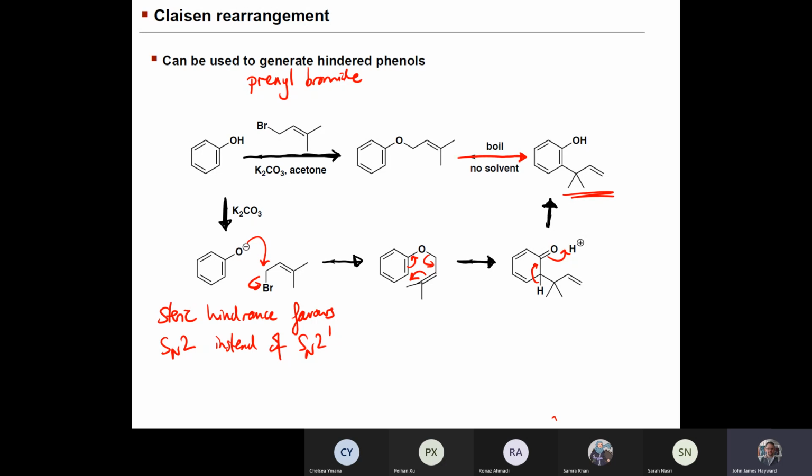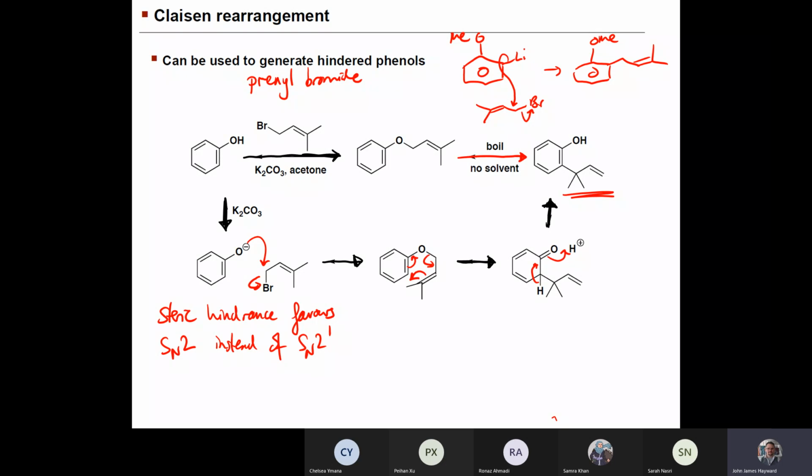If you considered doing this reaction by ortholithiation, let's say we have the o-methoxy there, lithium, and we tried reacting that with prenyl bromide, it would react to give the less hindered product.